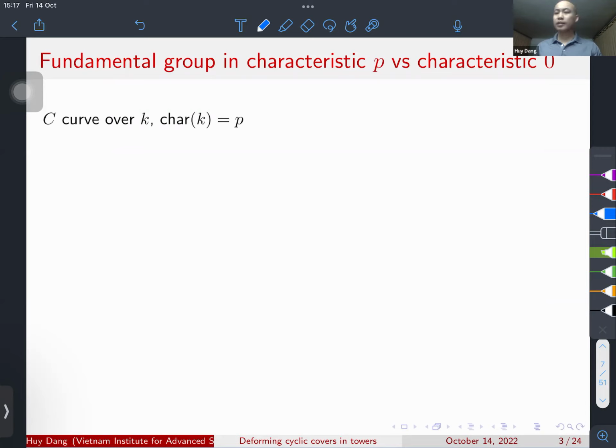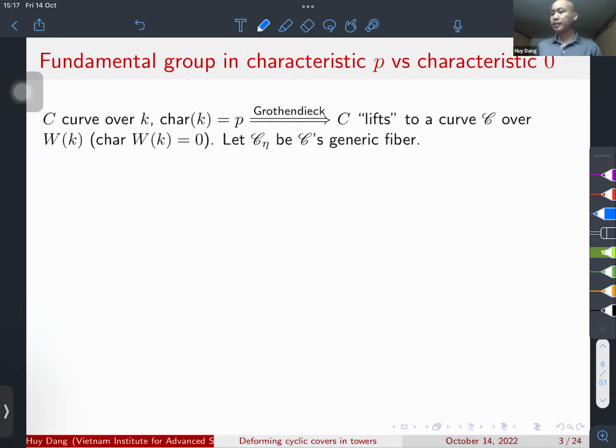If we start with C any curve over K, where the characteristic of K is equal to p, and when I say curve, I mean smooth connected curve, then Grothendieck showed that C always lifts to a curve C tilde over the Witt vectors W(K), the ring of Witt vectors over K. One example is when K is F_p, very simple and perfect, then W(K) is just the ring of p-adic integers, a very familiar object in number theory, and in characteristic 0. So any curve leads to characteristic 0.